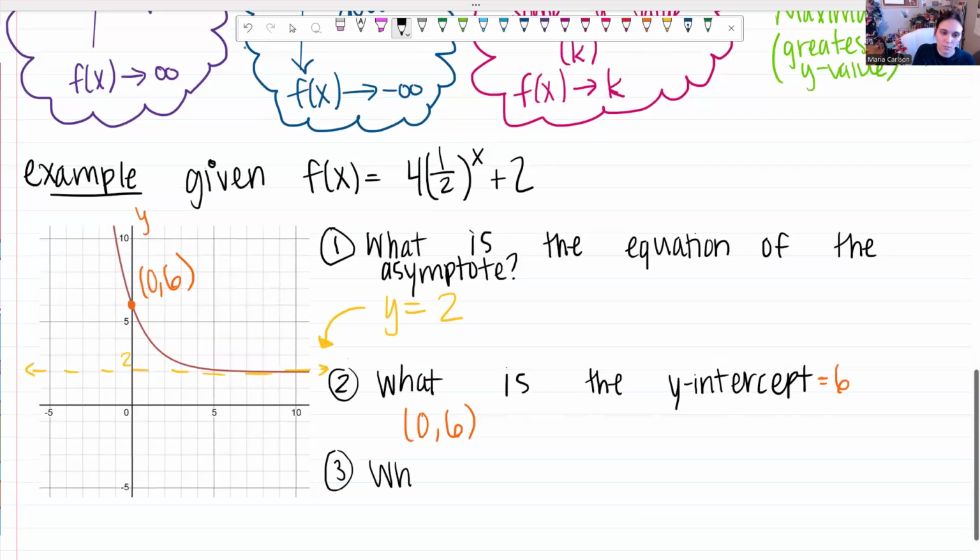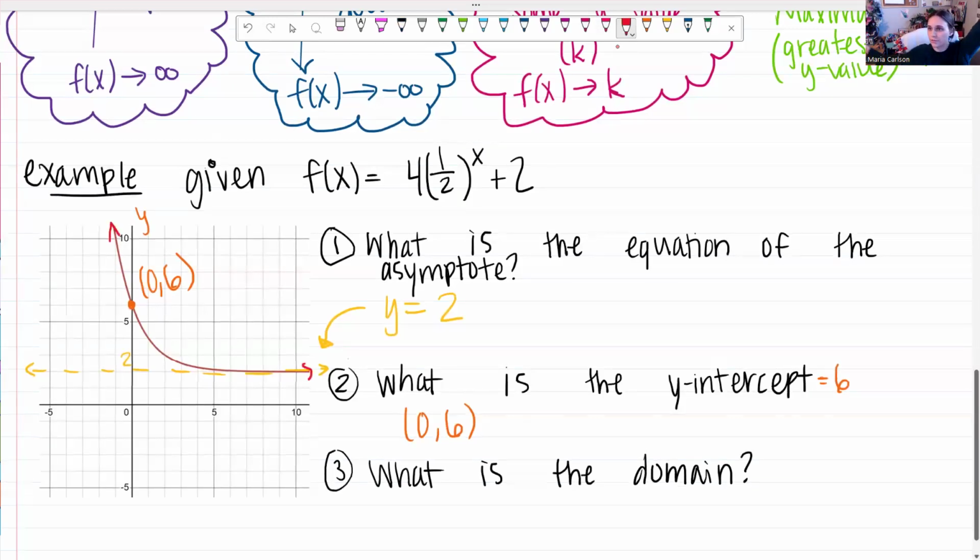What is the domain? And this function, we see just a snapshot of it, but we know that it is continuing on forever and ever and ever. So we have all of the values from negative infinity on the x-axis, right? Because this is really the x-axis extending from negative infinity all the way to positive infinity.